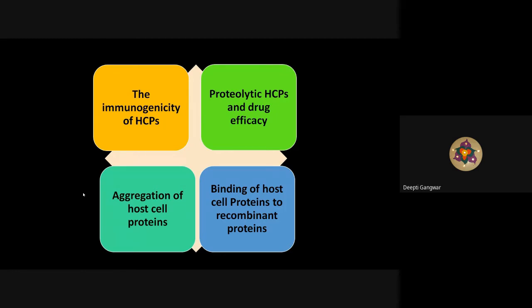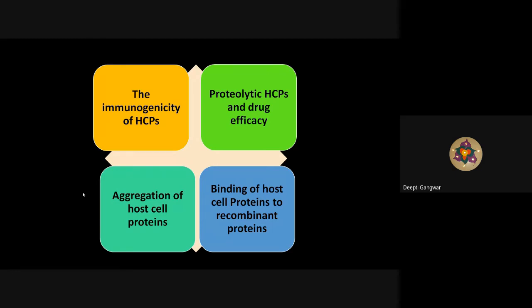Third is the binding of host cell protein to the recombinant protein. All these therapeutic molecules have active sites, and because of those active sites, they bind to their target molecules. Now suppose the host cell protein present along with your molecule of interest goes and sits in that pocket.